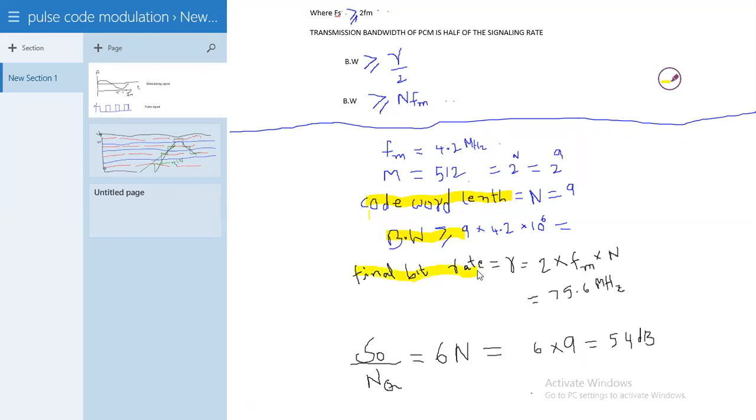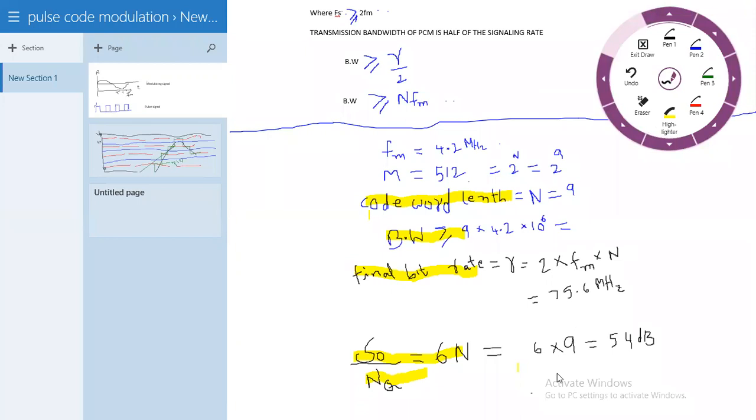Bit rate is nothing but a number of bits per second, or signaling rate is a bit rate. And another important one is signal to noise ratio. This is very important parameters how to calculate for any system, especially in this PCM system. Okay, అర్థమైందా మనం ఎలా క్యాలిక్యులేట్ చేస్తాము పారామీటర్స్ ఇచ్చిన డేటాను బట్టి.